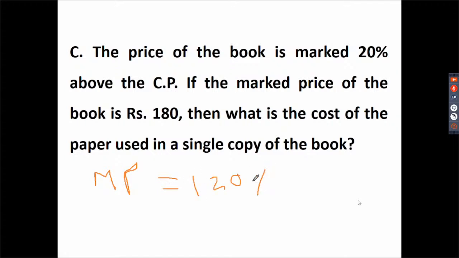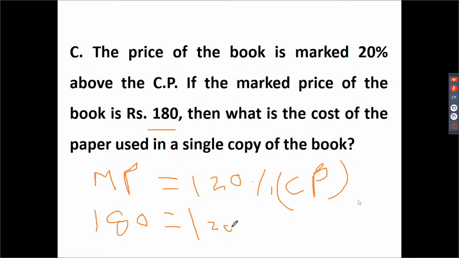Whenever the price of the book is marked 20% above the CP, it means market price is 120% of CP. Always you have to find the expenditure on CP only. They clearly gave that the market price is 180. Whenever the market price is 180, it is possible to find the CP value first of all. So 180 is equal to 120% of CP. First of all, find the CP value.